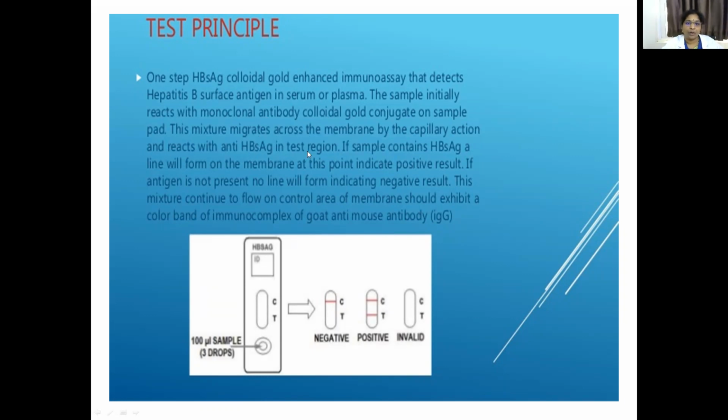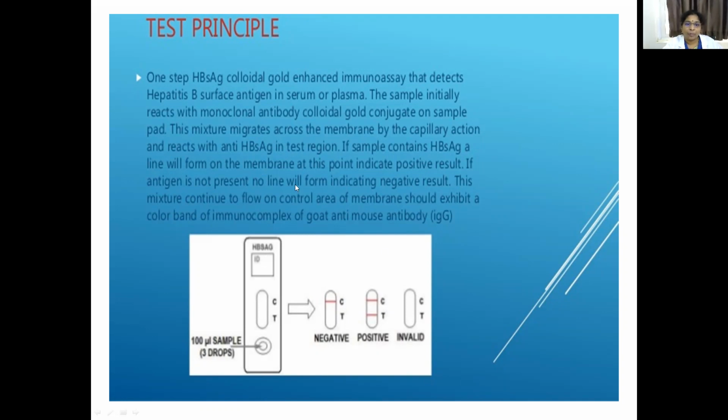So in the test region, what is present? Antibody to HBsAg. If the sample contains hepatitis B surface antigen, a line will form on the membrane at this point, indicating a positive result. The antigen is sandwiched between the colloid gold conjugate and the capture antibody, and a line forms on the test line.